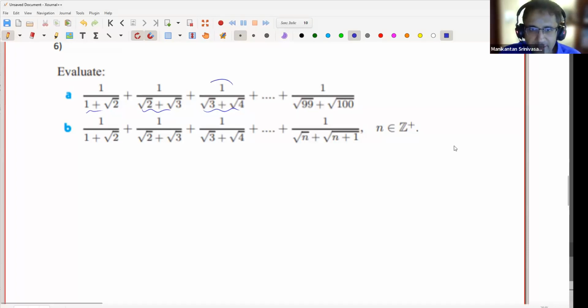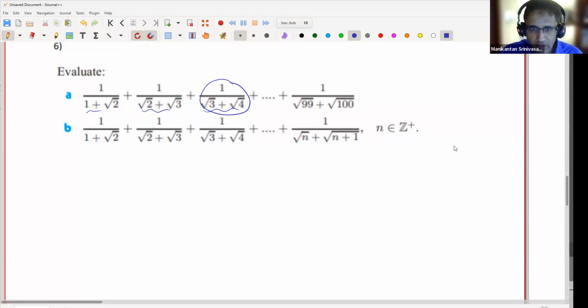For example, let's take one example here, right? So for this 1 by root 3 plus root 4, I'll multiply numerator and denominator by root 3 minus root 4, right?